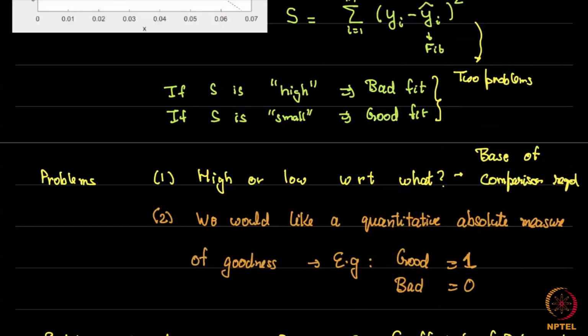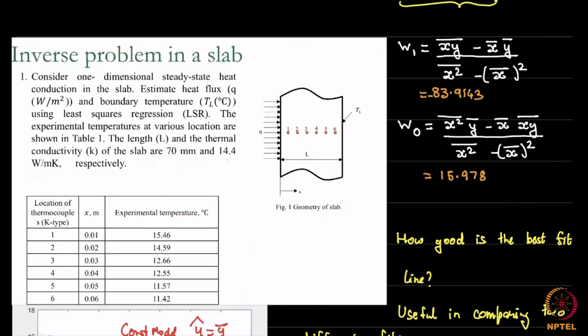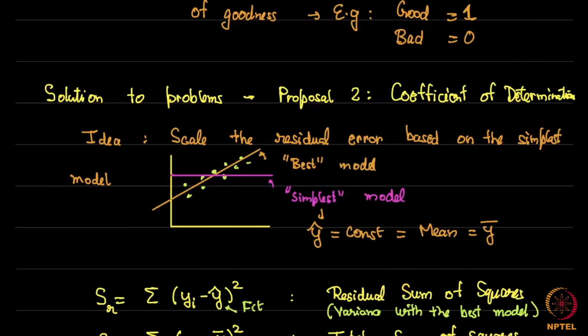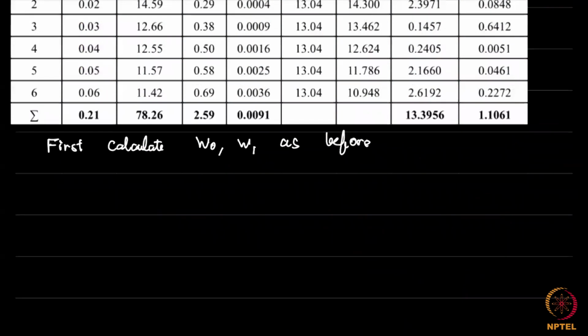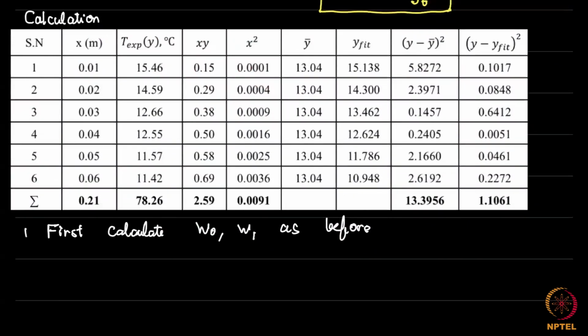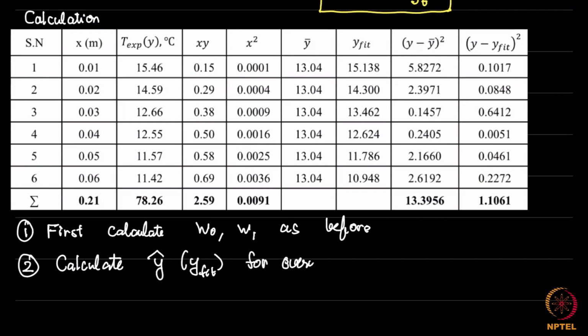Now, once you do that, you have some expressions. You actually have numbers for W0 and W1. It is only after this step that you then calculate y hat, which I have called y fit here, for every data point.